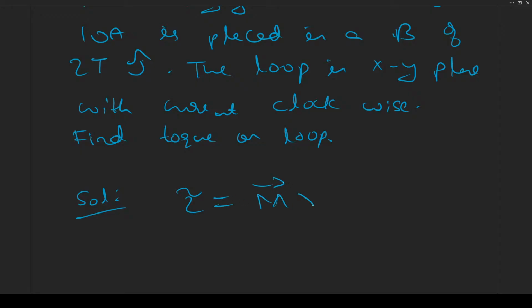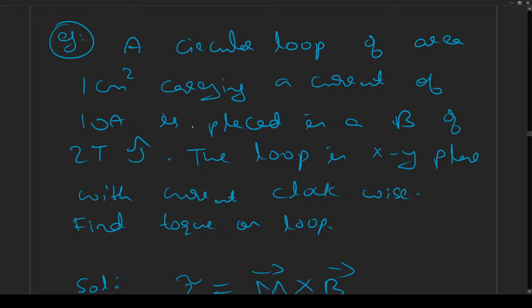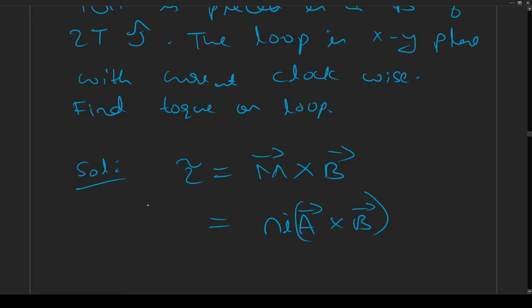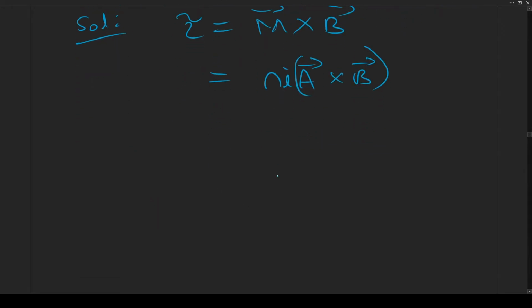Torque tau is equal to m cross B, where the magnetic moment vector is basically NIA cross B. When we take the direction of the magnetic moment vector, if this was the xy plane, this is the direction of current.